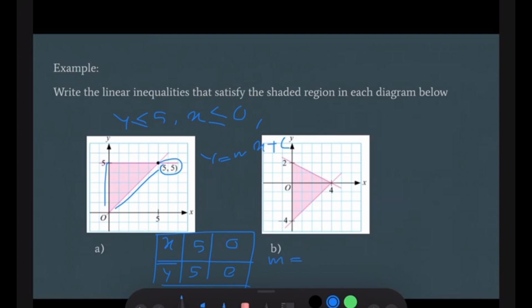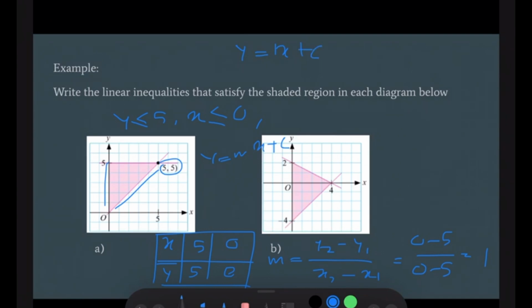we use the formula y2 minus y1 divided by x2 minus x1. So it would be 0 minus 5 over 0 minus 5, and the answer will be positive 1. So we put y equals 1x plus c.